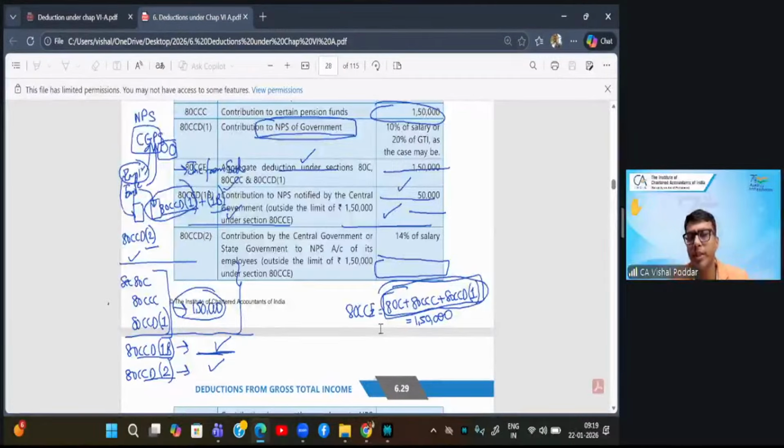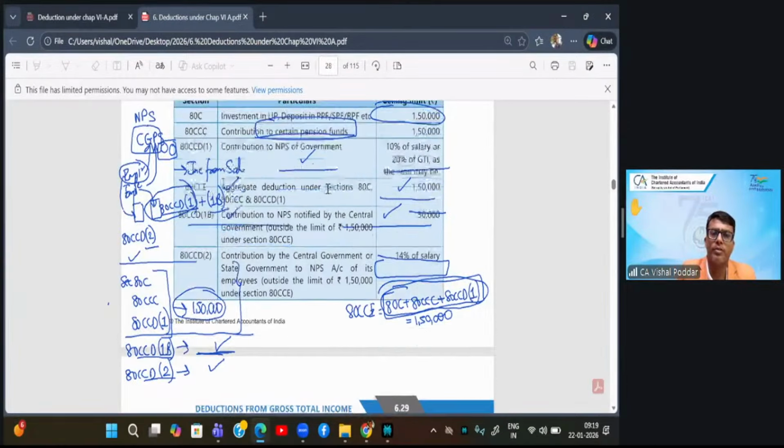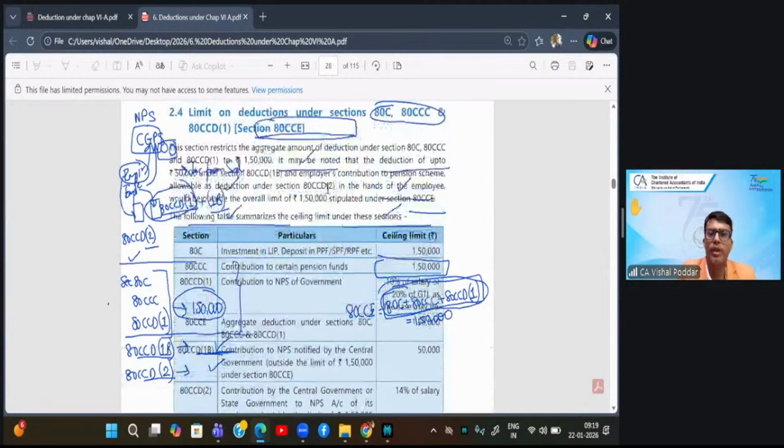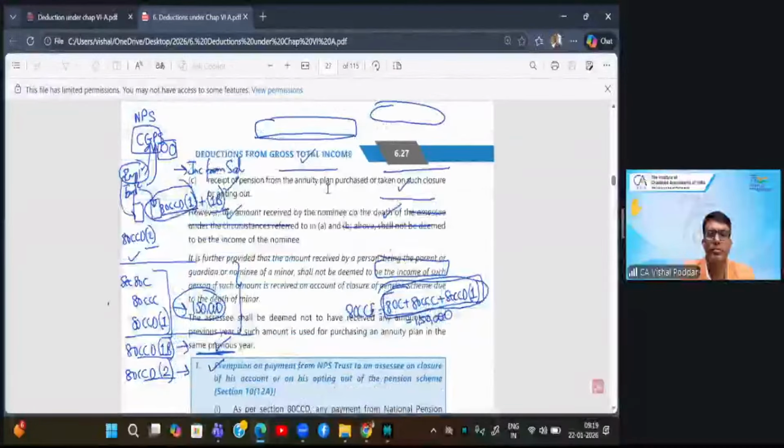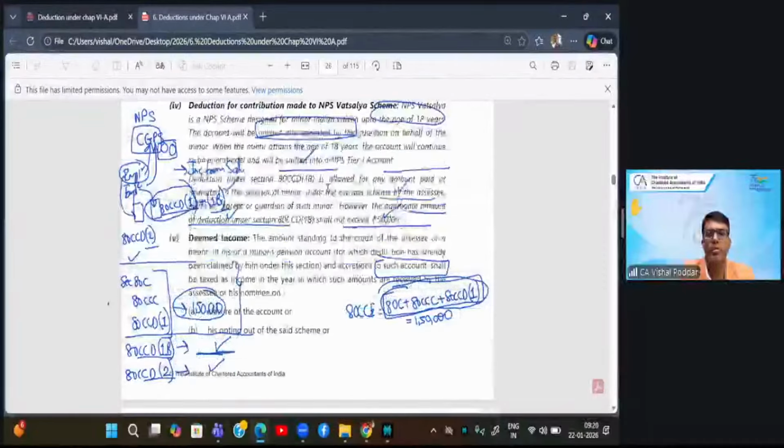And for 80CCD2, which is your employer's contribution, it is further outside the 150 limit. And here there is no monetary limit, there is only a percentage limit. So this is how this entire section is giving you deduction.